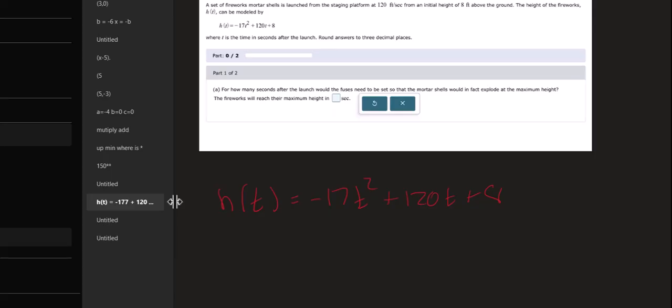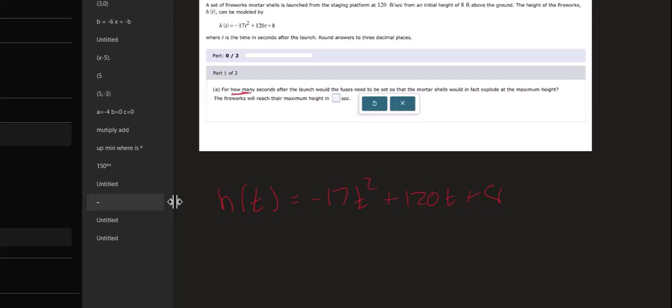Okay, so notice they're not asking for the maximum height. They're asking for how many. They're asking for the x, or in this case, the t, because there isn't an x, so it's a t. So they're asking for the t.